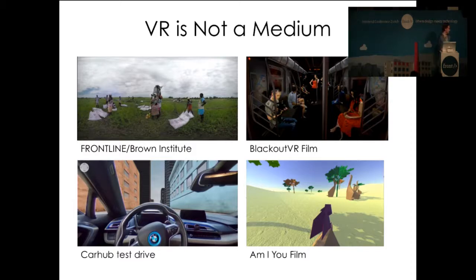One of the things I'm working on right now is a Car Hub test drive. It's a test driving for cars, as the name would suggest. And I've also worked on other films, like a small VR film, 360 capture with monoscopic cameras. And then also we bring these things together into the developer environment.